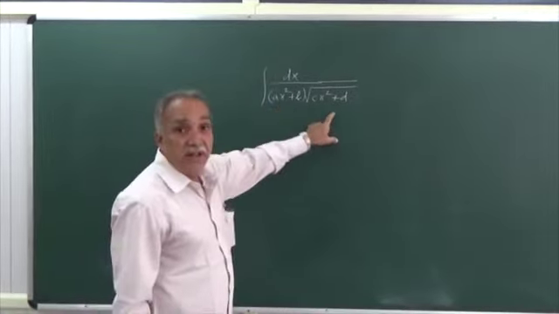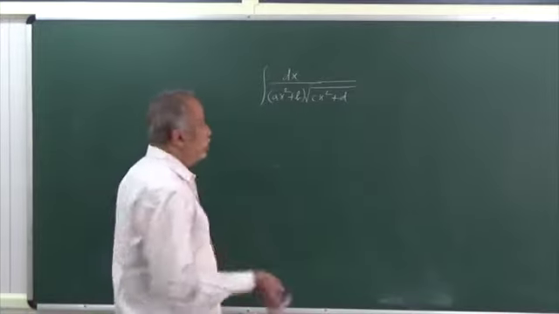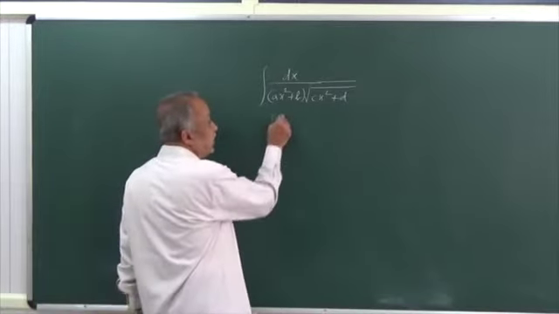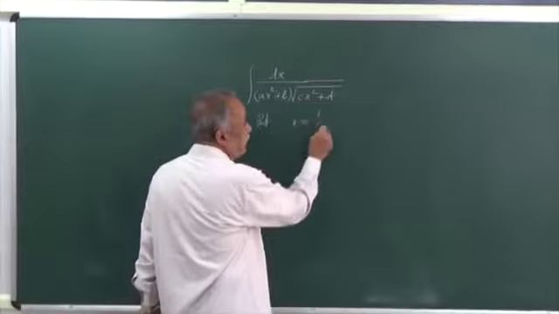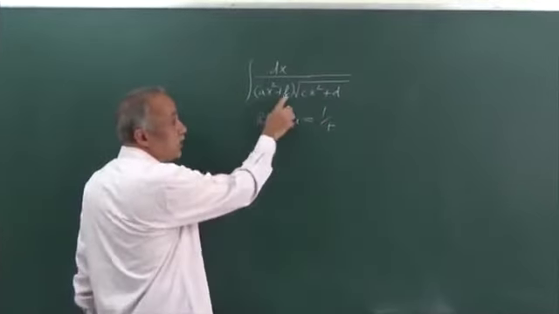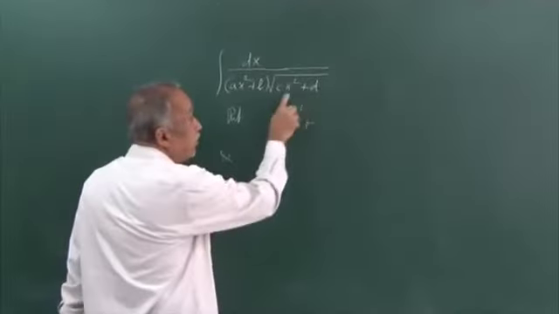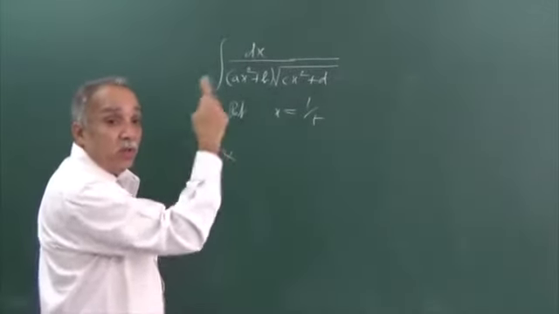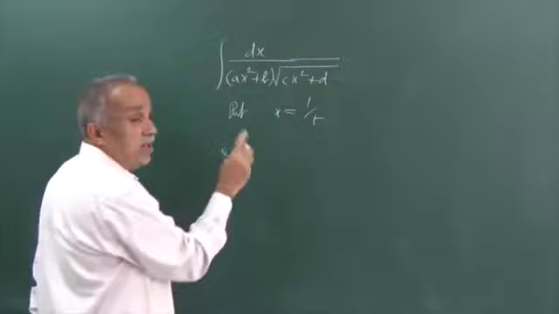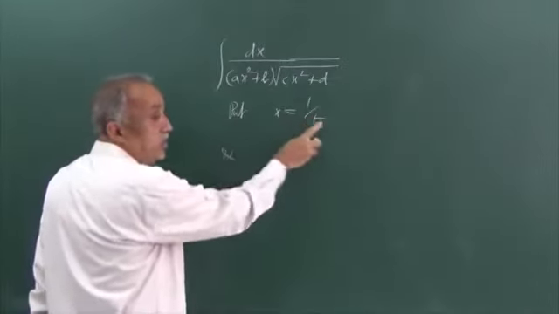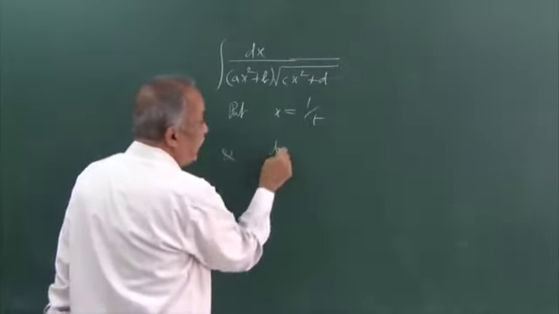Only when my integrand is of this form, a usable substitution is x equal to 1 by t. Not this whole thing equal to 1 by t as we did in our previous case, or this equal to t square as we did in one of our earlier examples. Totally different substitution, x equal to 1 by t.